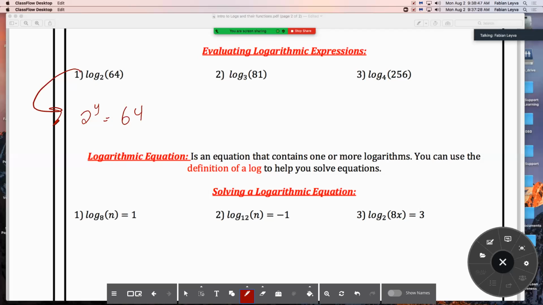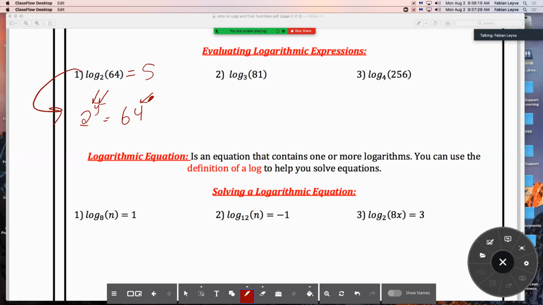That log base 2 of 64 is really asking you to perform the following operation. Come up with an exponent that when you raise 2 to some exponent, it is equal to 64. Now, I think we could probably do this now. 2 raised to what is 64? What exponent? So 2, 4, 8, 16, 32, 64. I believe it's 6. So this whole log base 2 of 64 is 6 because 2 raised to the 6 equals 64.